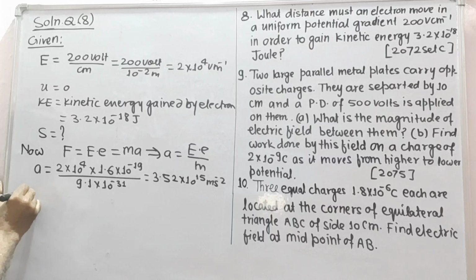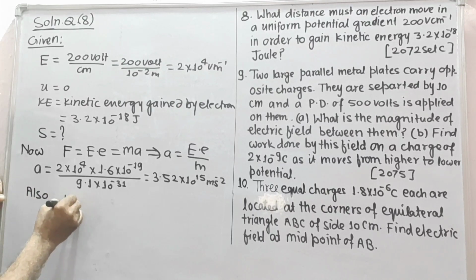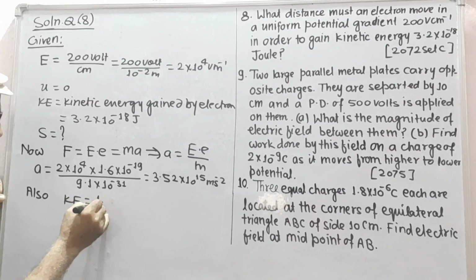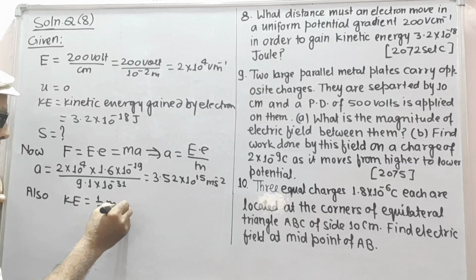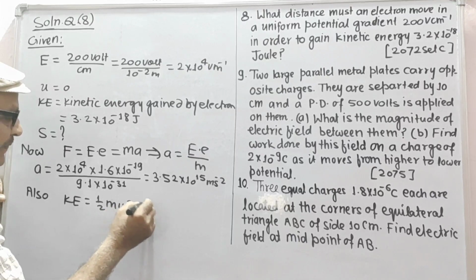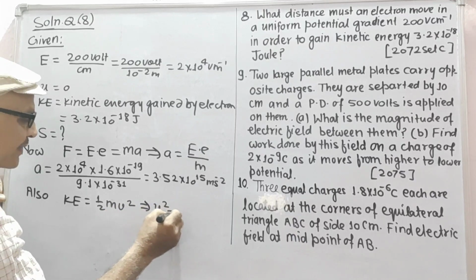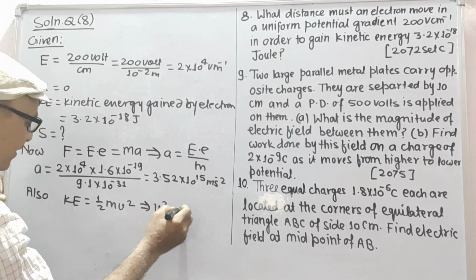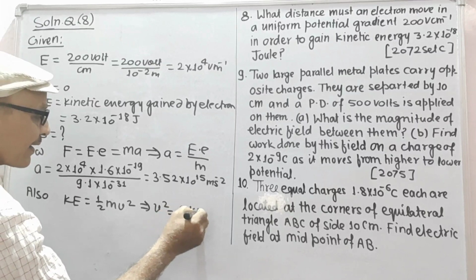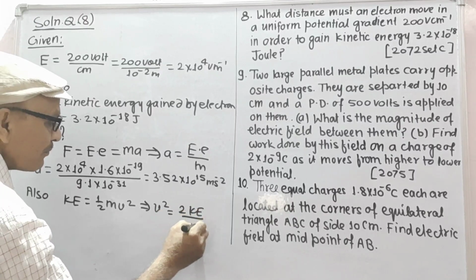Now, kinetic energy is half mv square, which gives v square as 2 KE upon m.